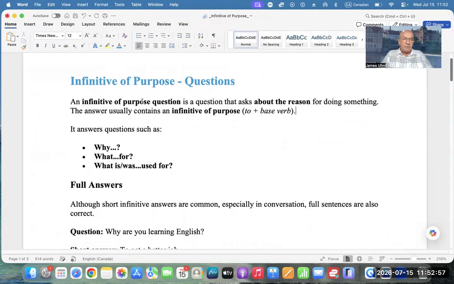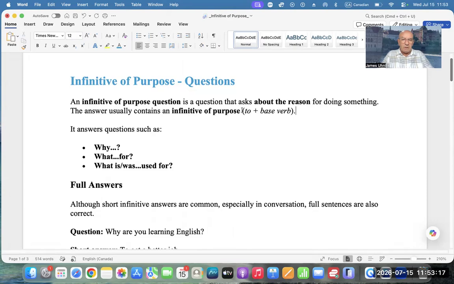An infinitive of purpose question is a question that asks about the reason for doing something. The answer usually contains an infinitive of purpose, to plus base verb.